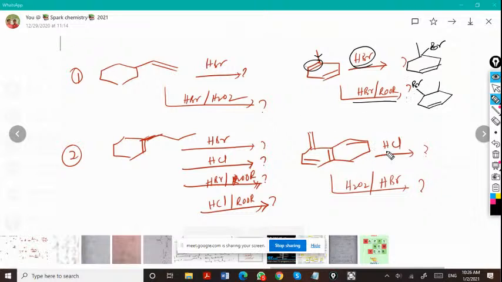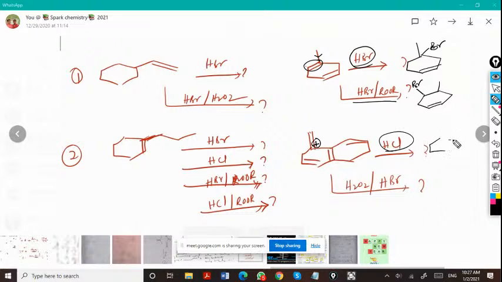Okay. So again, an electrophilic addition reaction. So now you need to find out the most stable carbocation which is going to form. Did you try, or any guess? So here the most stable will be at this point, the carbocation with tertiary and conjugated system.